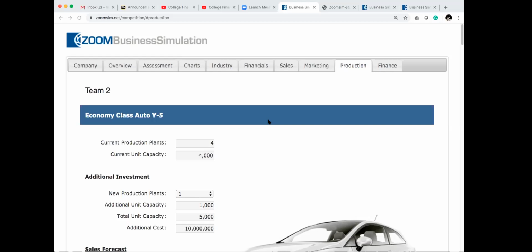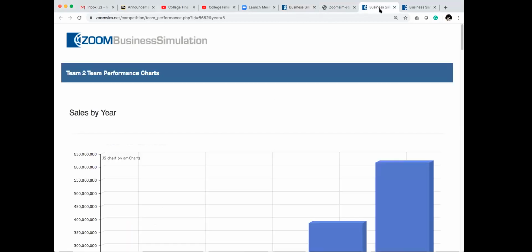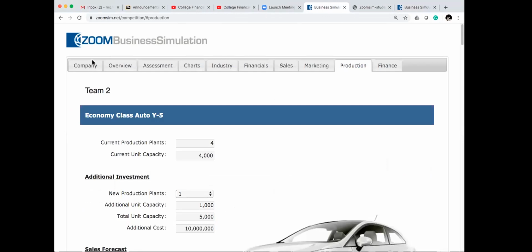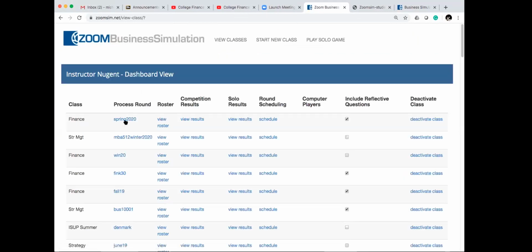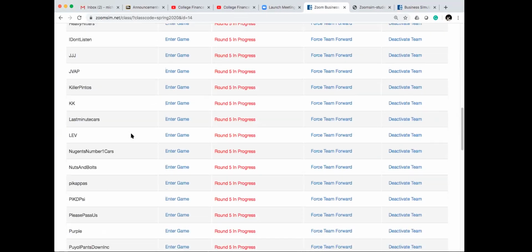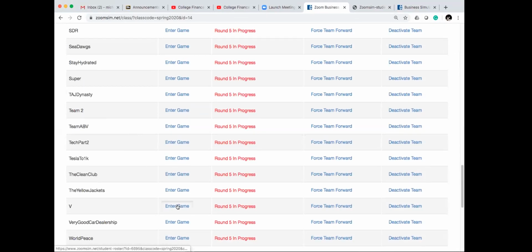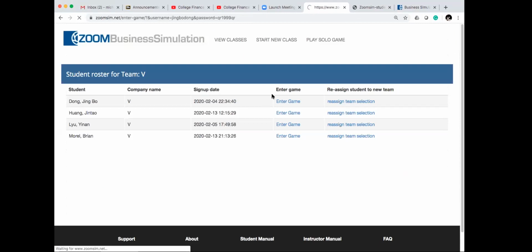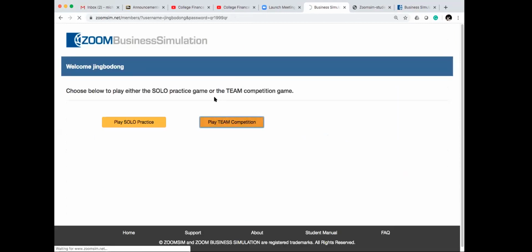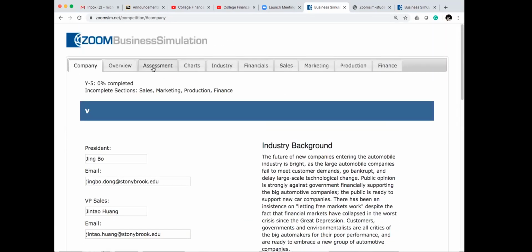And then Jingbo writes, if you wouldn't mind, could you go over the team performance chart? Okay, so let me find that. Okay, charts, team performance chart.